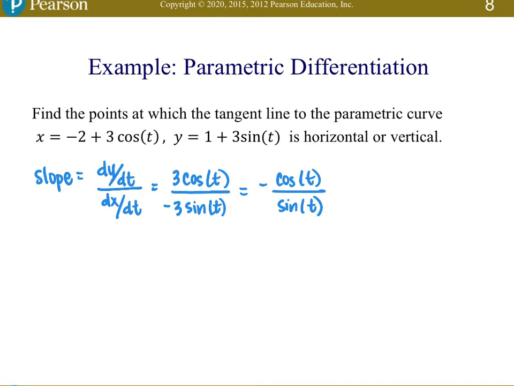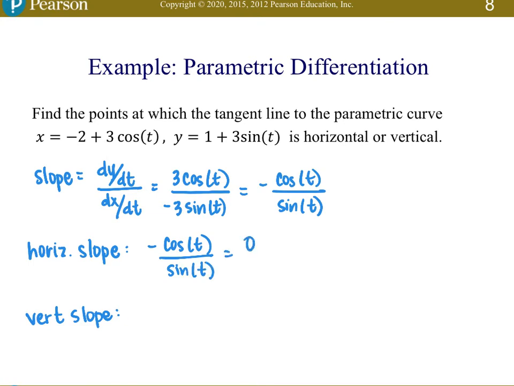So if I want to find a horizontal slope, I'm going to take that derivative and set it equal to 0. If I want a vertical slope, I will take that derivative and set it equal to 1 over 0. So the negative cosine of t over the sine of t set equal to 0 over 1, which implies that every time the cosine of t would be 0.